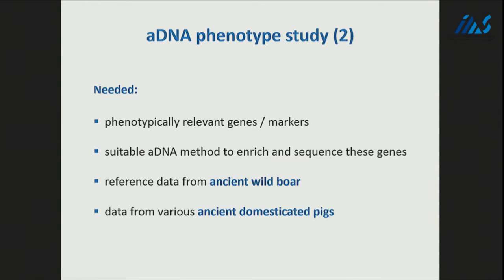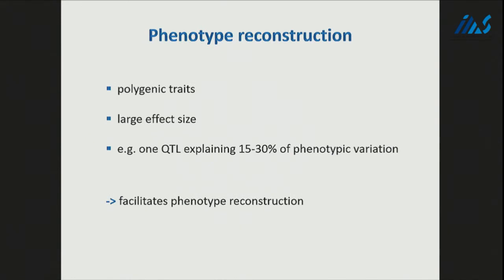And of course, we wanted to look at various ancient domestic pigs from different periods and different regions in order to reconstruct the phenotype. Now, I'm coming from human genetics, and phenotype reconstruction in humans is very difficult and very frustrating. So it's a nice change to work on domestic animals, to be honest.